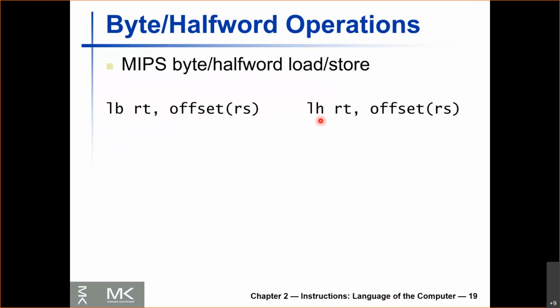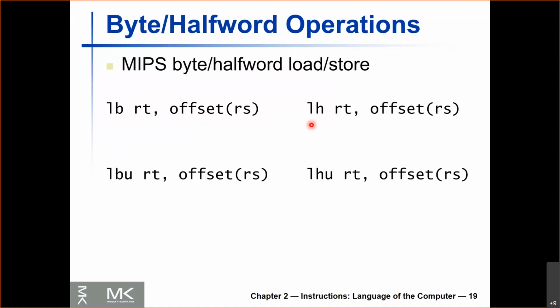And in fact, this is something we didn't have with load word, we also have load byte unsigned and load half word unsigned. Again, here the offset can be any value. Here the offset is a multiple of 2.